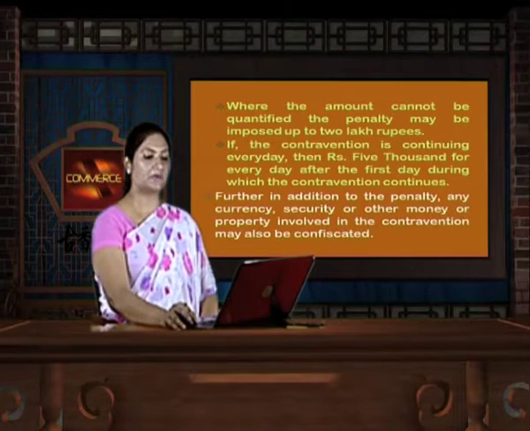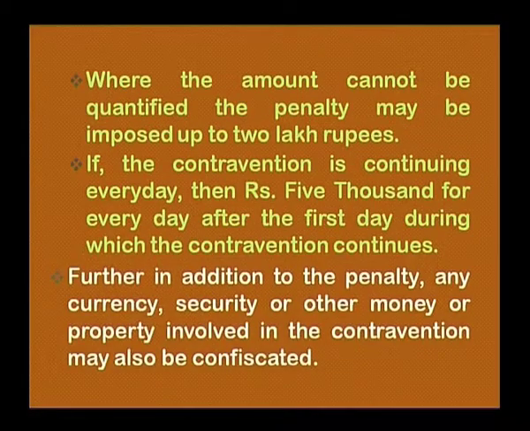Secondly, where the amount cannot be quantified, the penalty may be imposed up to rupees 2 lakhs. If the contravention is continuing, then a further penalty of rupees 5,000 for every day after the first day during which the contravention continues shall be charged.